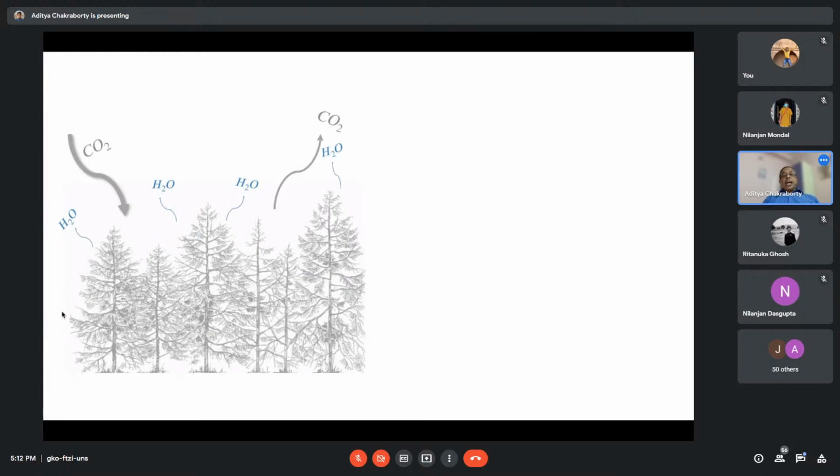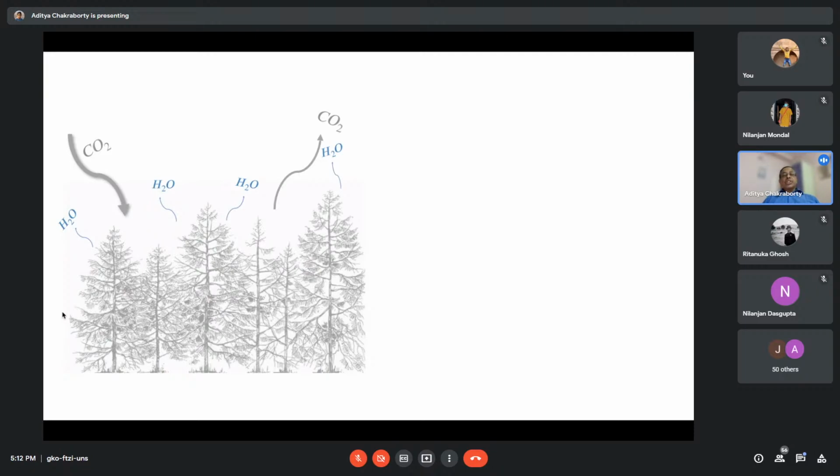It may change. In what direction it will change, whether it will have more capacity or less capacity, we cannot predict unless we make some measurements. For that, a long-term measurement is needed, which will be able to quantify the capacity of the forest, or we can say the carbon sequestration potential of a forest. Other than carbon, the plants also release a huge amount of moisture, which they take through the roots.